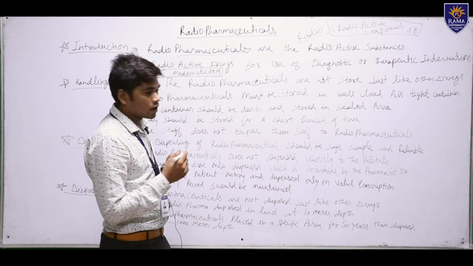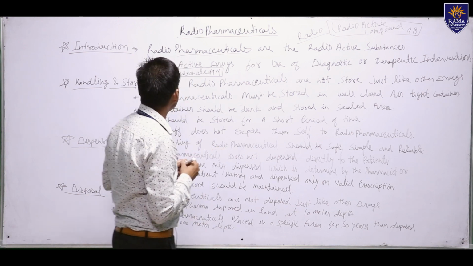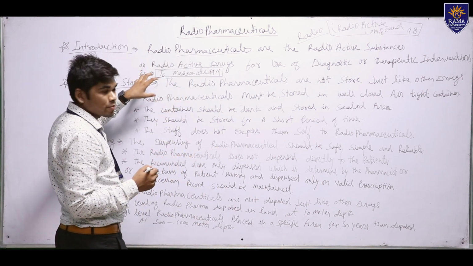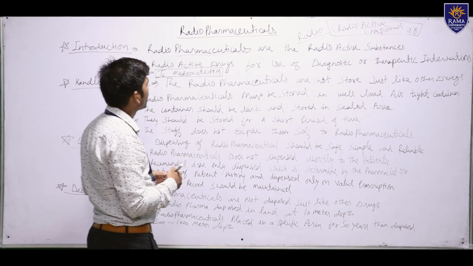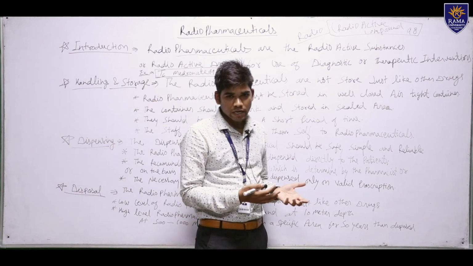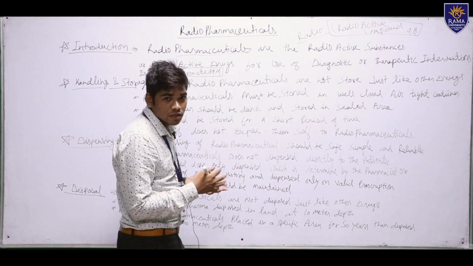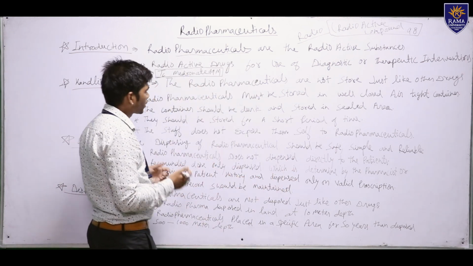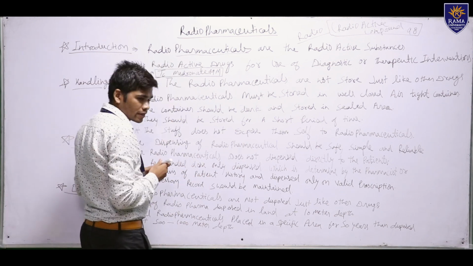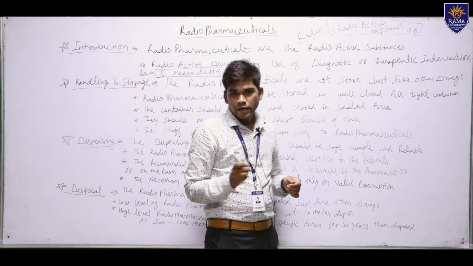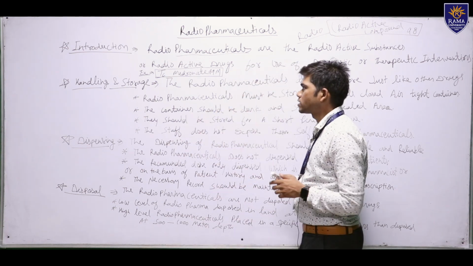When we inject the radiopharmaceutical into the body, with the help of the radioactive substance we can image the whole bone. That is why we use Tc Medronate 99m.